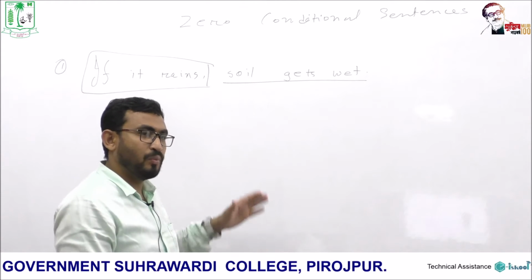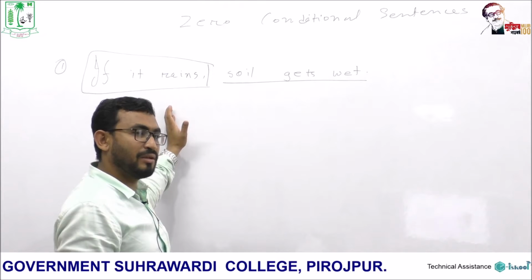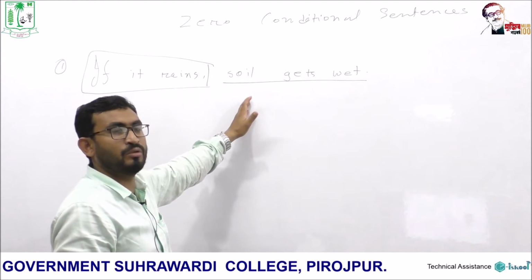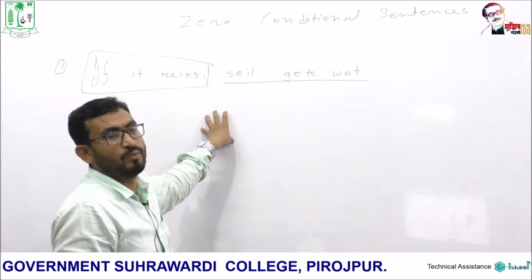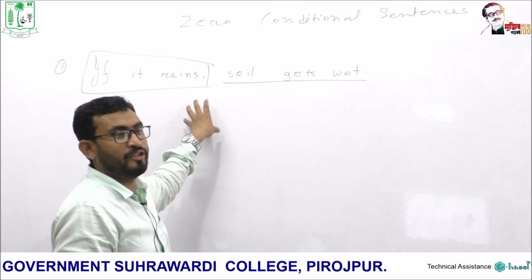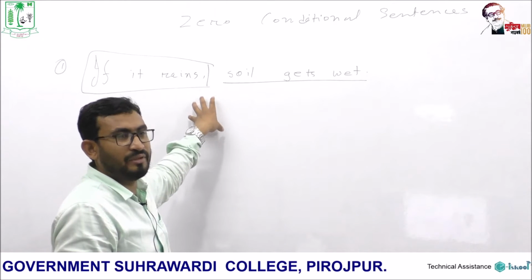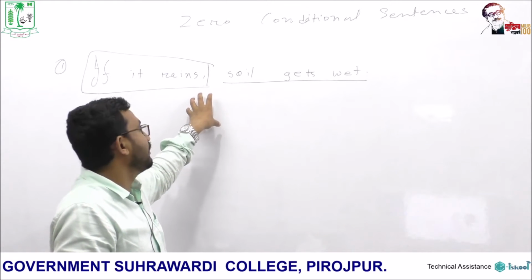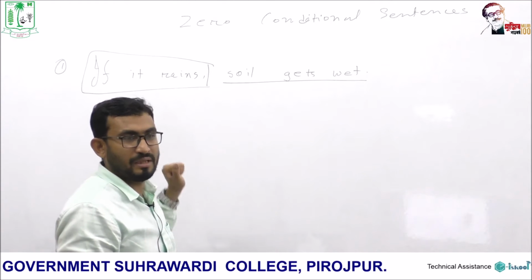That is, both in principal clause and subordinate clause we use present tense when we talk about a universal truth, a scientific truth, or any natural principle.